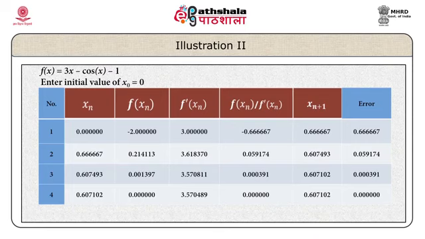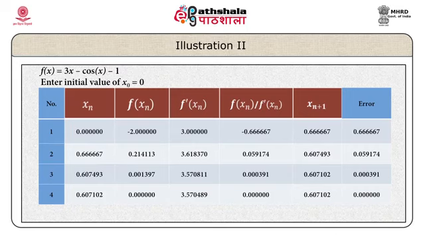and the difference, the absolute value of x0 minus x1, is 0.666667. Now, this x1 becomes the input for the next iteration, and we calculate the value of the function now at x1. It is 0.214113, the derivative at this point is 3.618370.